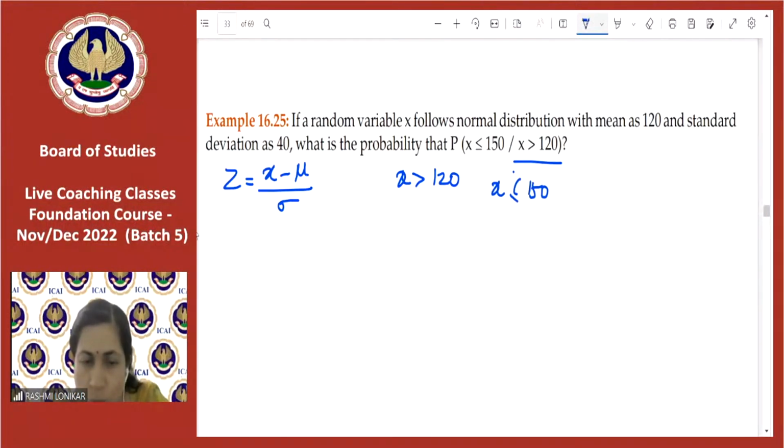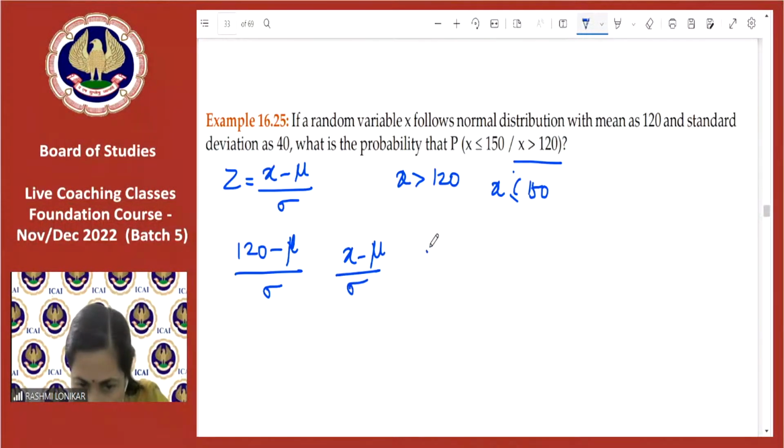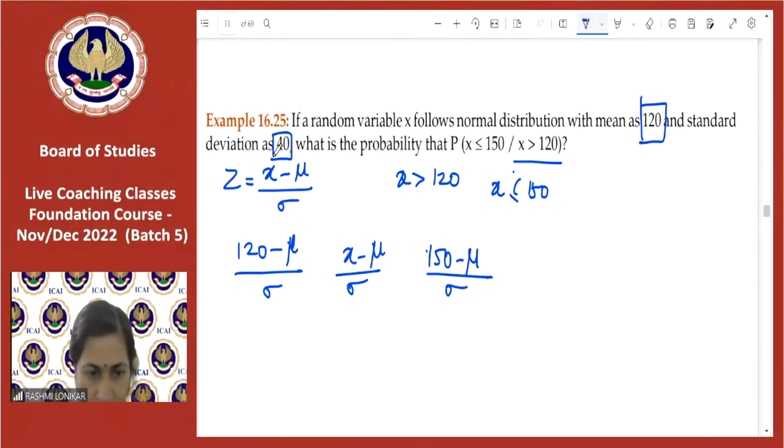So the minimum is 120 minus mu upon sigma, and the maximum will be 150 minus mu upon sigma.